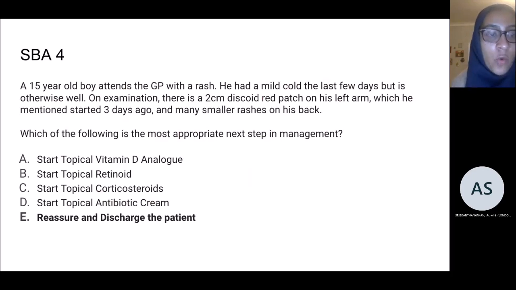Topical retinoid is for acne, and acne doesn't present in this way. And a topical antibiotic cream, while there's no suggestion that any of these rashes have become infected, such as any pus coming out of it, or if he's systemically very unwell, in which case you probably want to give oral antibiotics anyway, there's nothing to suggest infection. So that's why the answer is E.